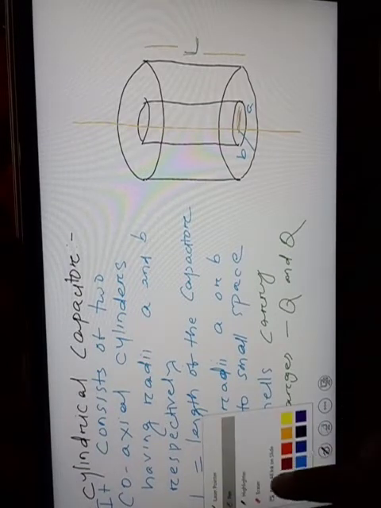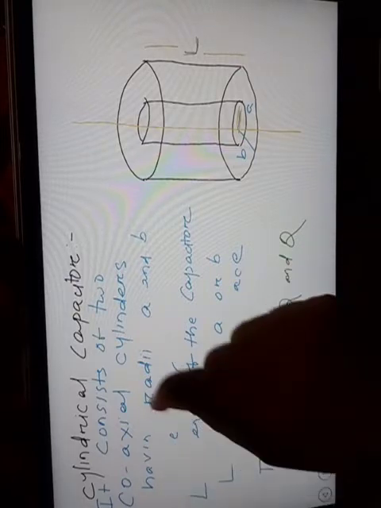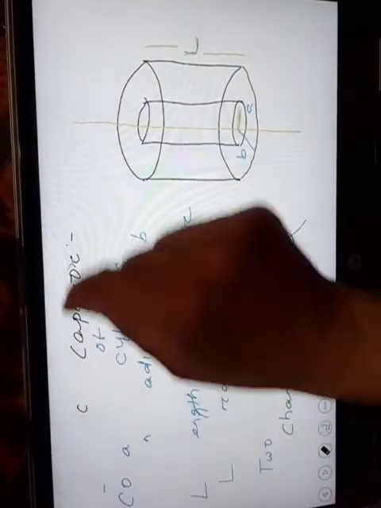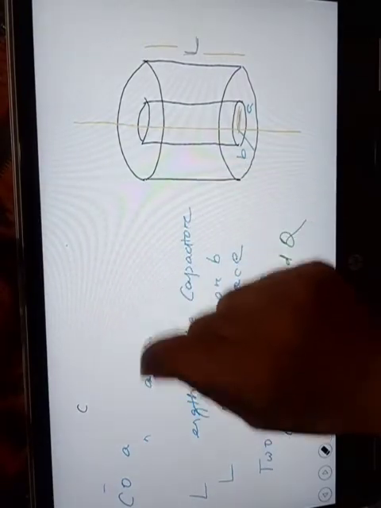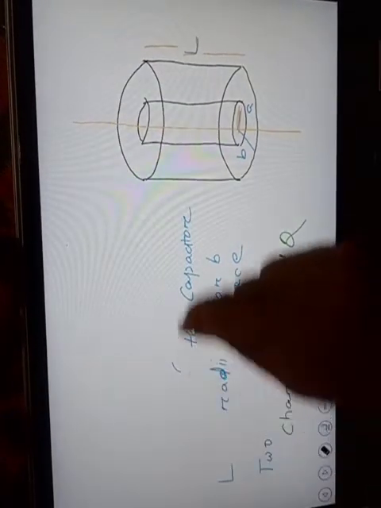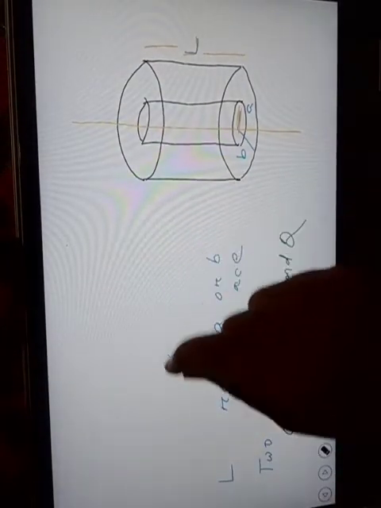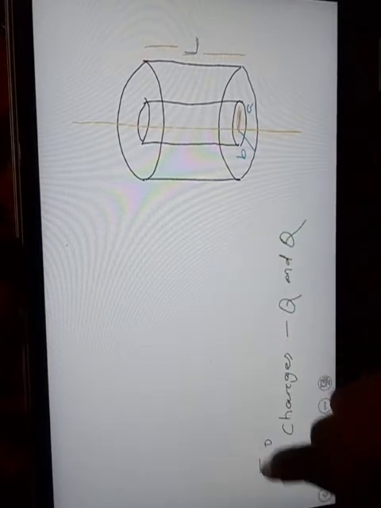Here we have taken a uniform linear charge density. The linear charge is distributed uniformly throughout the cylinder.